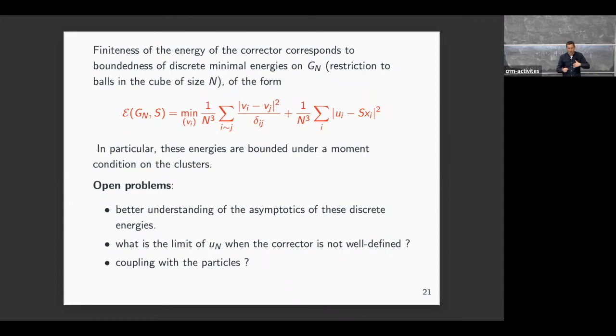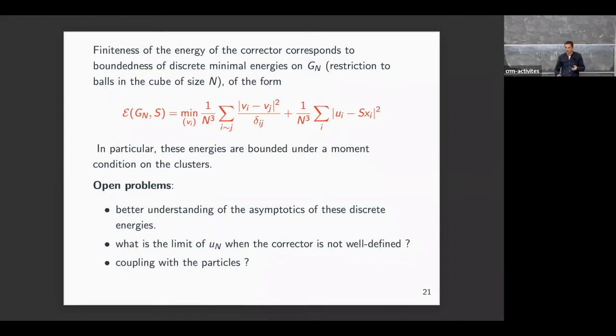And to see how the energy may diverge, it would be important to understand the asymptotics of this kind of discrete energies. But when it diverges, it means that you cannot really construct the corrector, while the solution un of my system is bounded in H1.